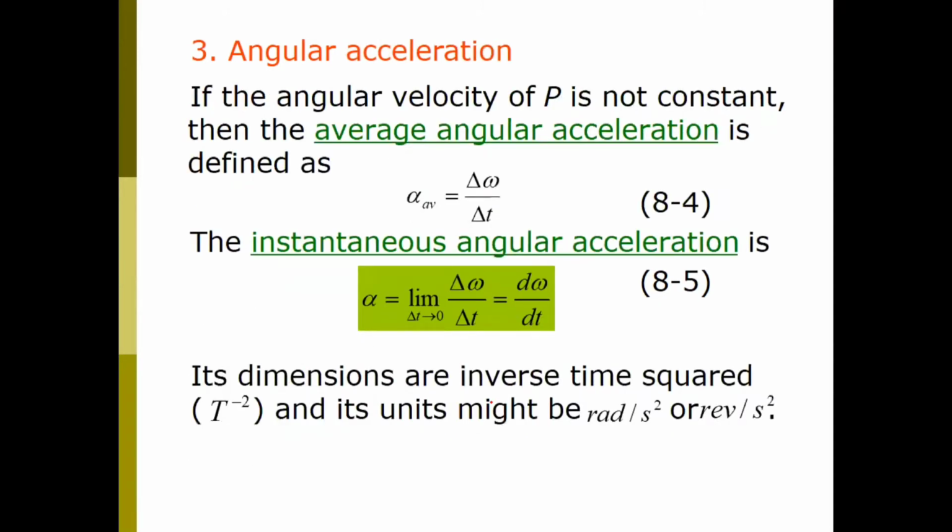The third one is the angular acceleration. Speaking of angular acceleration, if the angular velocity of P is constant, then the average angular acceleration is defined as alpha average is equal to the change of omega over the change of time.